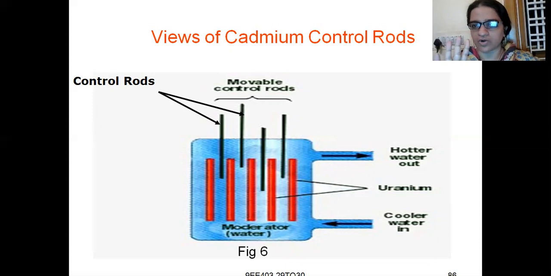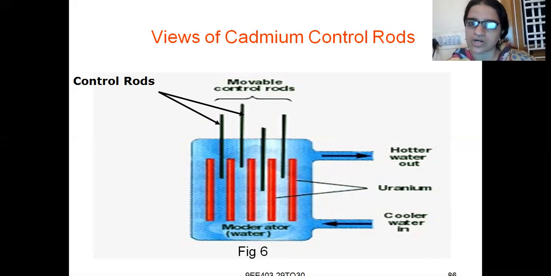There are 4 control rods, and the 4 control rods are not at the same height or level. The first control rod is a bit far from the uranium fuel rod. The second control rod is very near to the uranium fuel rod. The third control rod is also far away, and the fourth control rod is also a bit far away only.